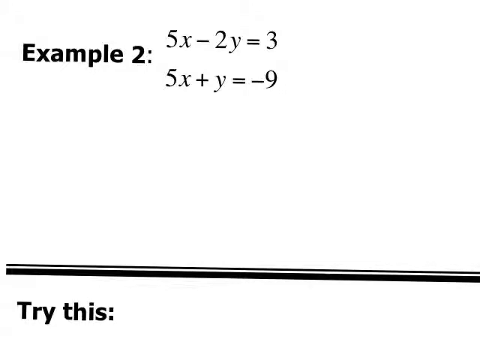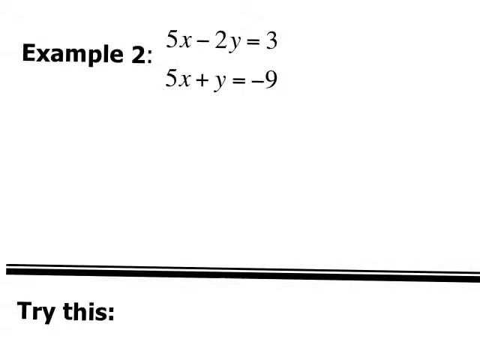Do you see anything that's close to eliminating each other? Both of these are kind of close to eliminating each other. What is an easy way that I could make a pair of opposites here? Yeah, Ethan? Adding equations together, you can subtract them. Yes.